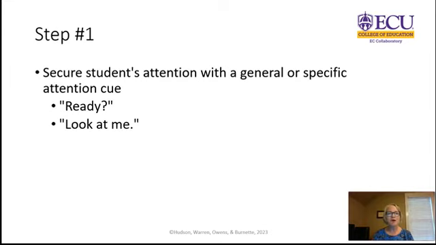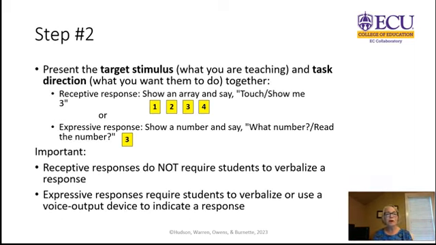Let's look at the steps involved in constant time delay. Step 1 is securing the student's attention with a general or specific attention cue, such as "ready" or "look at me." Step 2 involves presenting the target stimulus, which is what you're teaching, and the task direction, which is what you want them to do, together. So for receptive responses, you might show a learner an array, such as 1 through 4, and say, "touch or show me 3."